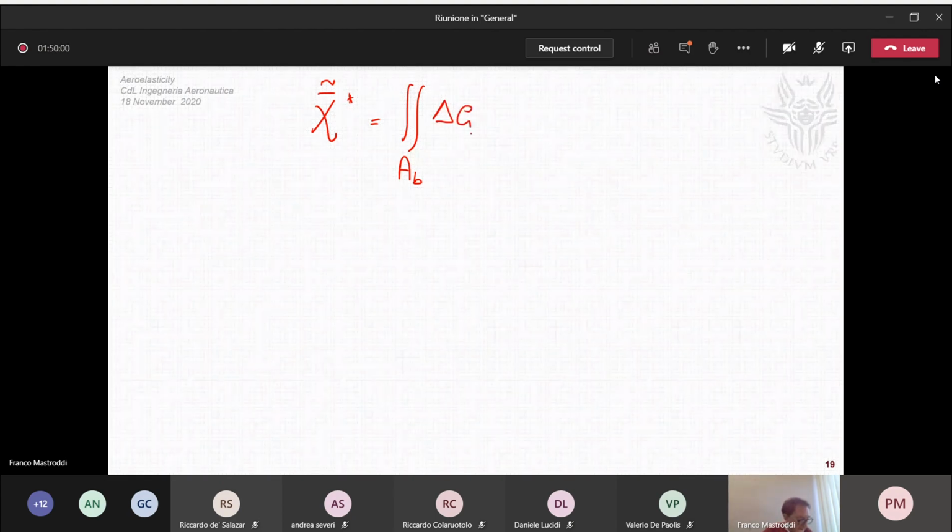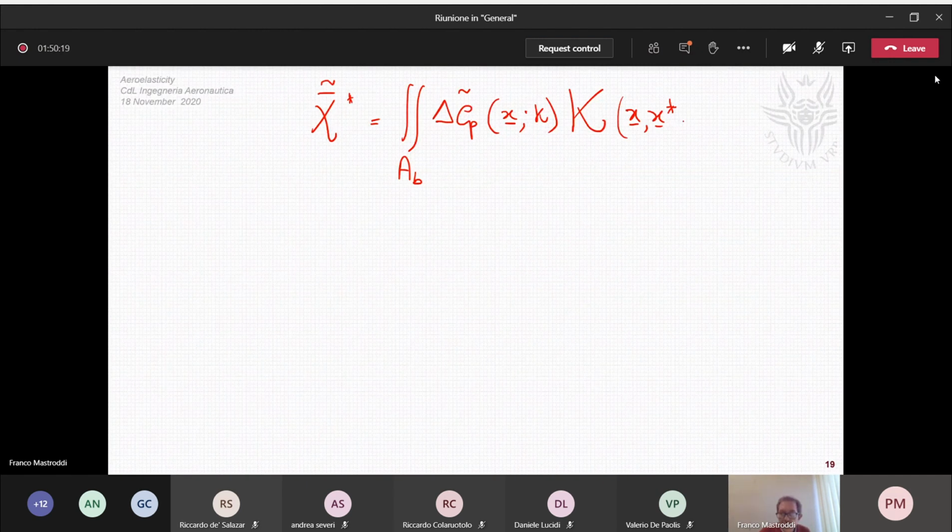I want to stress the dependency now for you to better understand. This delta Cp is a function of x and the reduced frequency, and this quantity is multiplied by a kernel function kappa, which is a function of x star and reduced frequency, to be integrated in dx dy. So x quantity, no star quantity. And here you have this normal wash, which is a function of x star and kappa, of course.